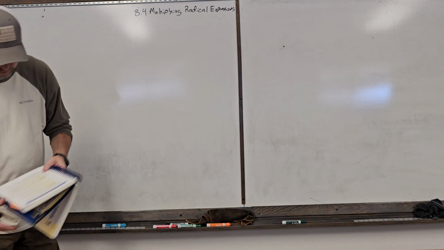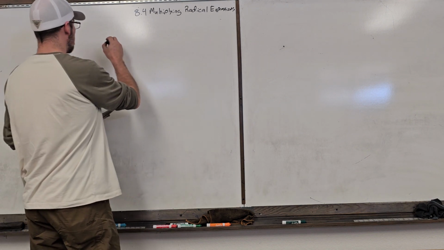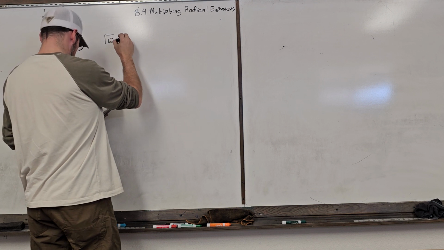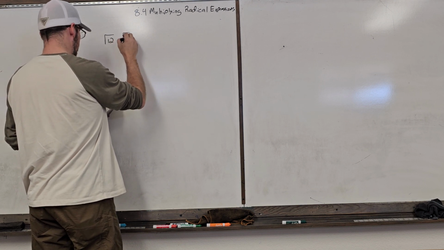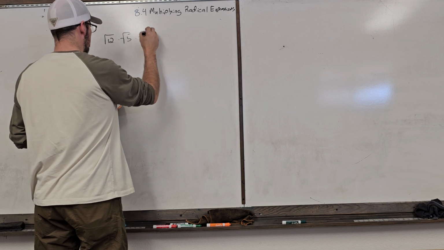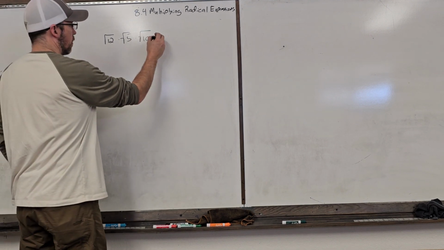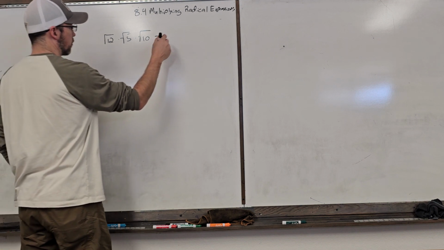Okay, if I've got the square root of 12 times the square root of 5 times the square root of 10. I'm going to put them all under one radical.